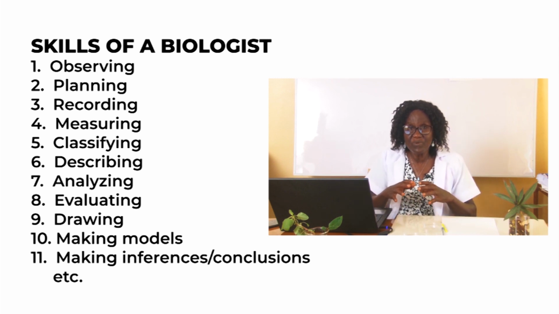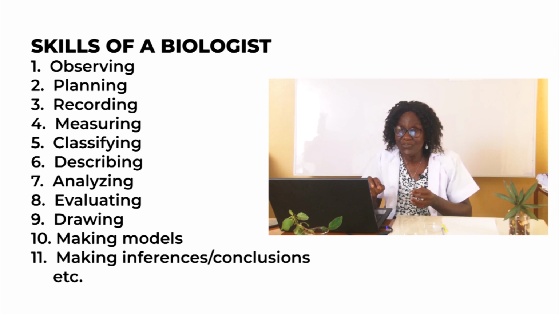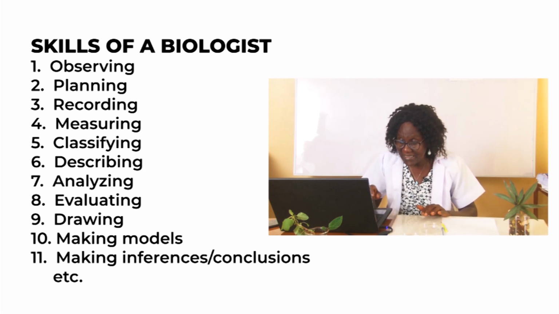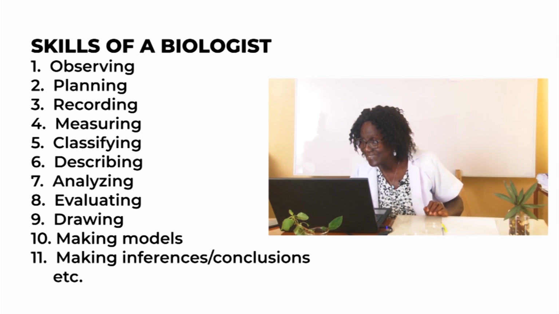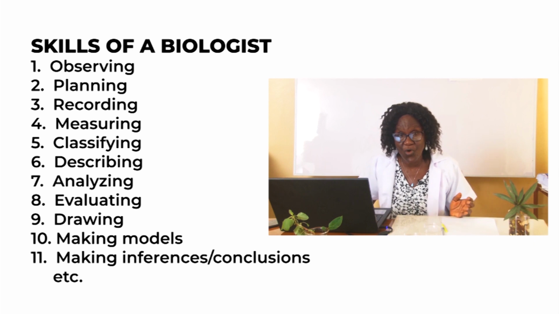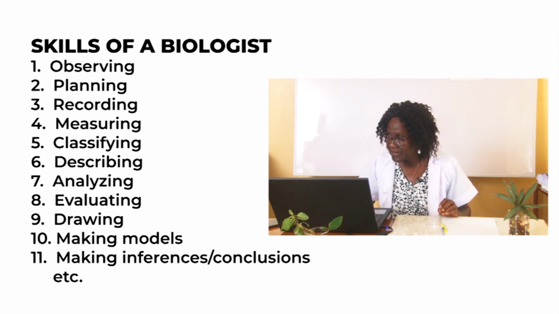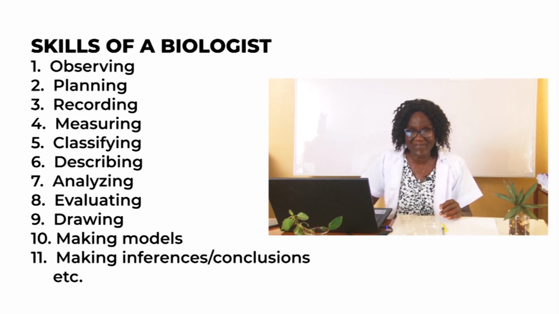You should be able to be measuring things, planning your work, all right? Recording, you should be able to record meticulously. Classifying things, analyzing, drawing, making models, making inferences or conclusions. These are some of the skills, all right?